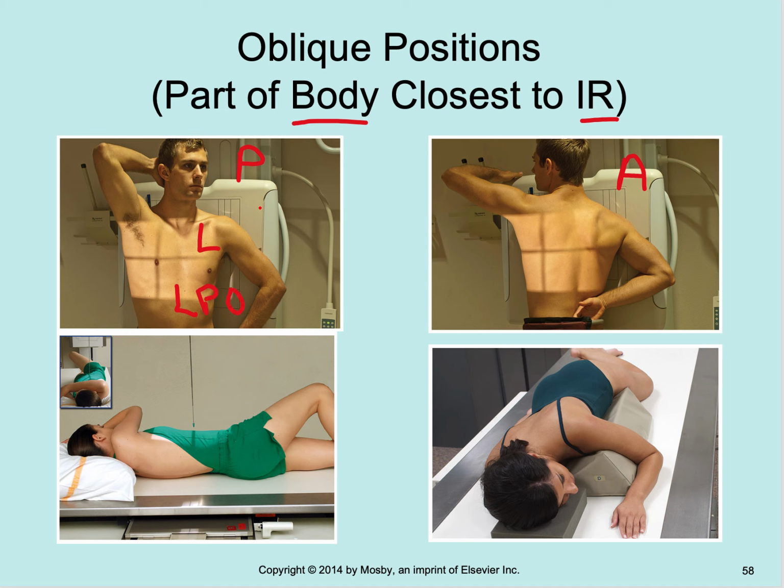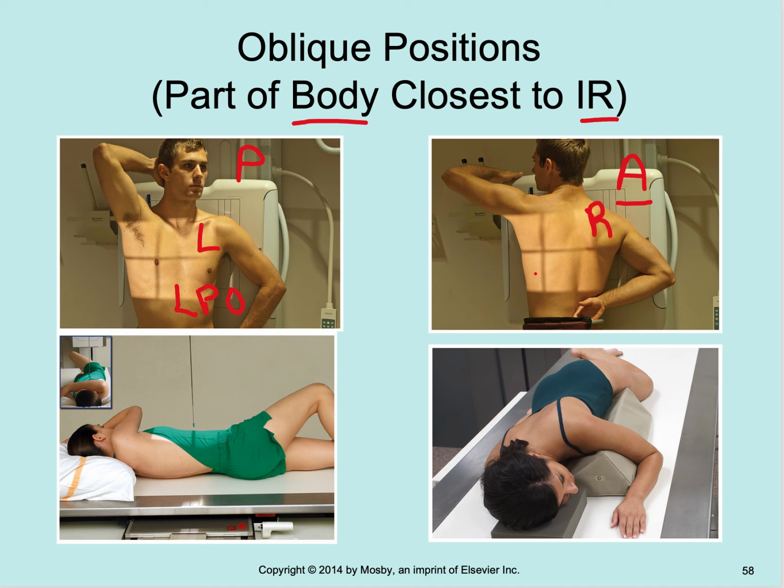The left side is closest to the image receptor, the posterior side is closest to the image receptor, and the posterior side is obliqued. So left posterior oblique, LPO position. On this other image, we are talking about the anterior aspect of the patient being closest to the image receptor, but we are also talking about the right side of the patient being closest to the image receptor.